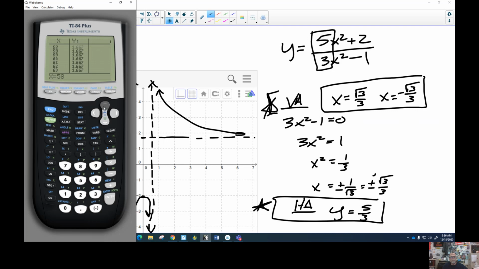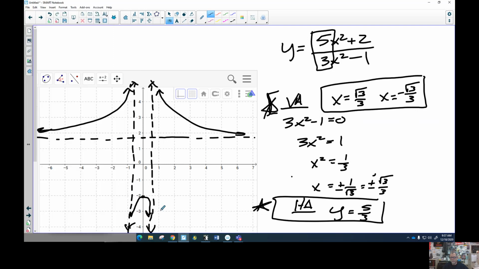Just get back to 0 here real quick. There we go. All right, at 0, we do have -2, so that was accurate. All right, and that's a good sketch of this graph. And again, when we have the degree the same, top and bottom, we can take those lead coefficients and use them as our y equals.